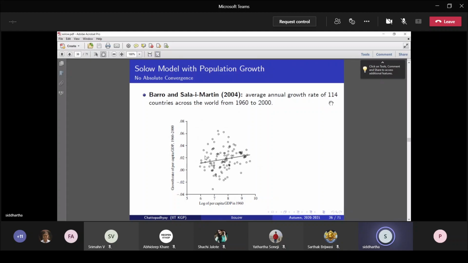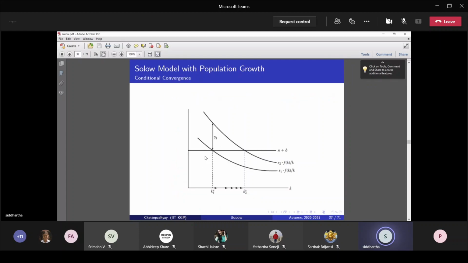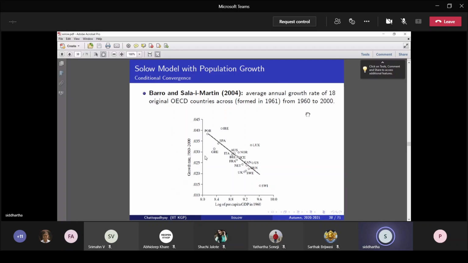Take all the countries in the world, almost: poor countries, rich countries, developed and non-developed countries together. If we plot the same figure, the prediction of the Solow model is not getting satisfied. But if you take similar countries, let's say developed countries, the Solow model is getting satisfied. So this is what Barro and Sala-i-Martin realized: if you analyze similar countries separately, the prediction of the Solow model is satisfied.